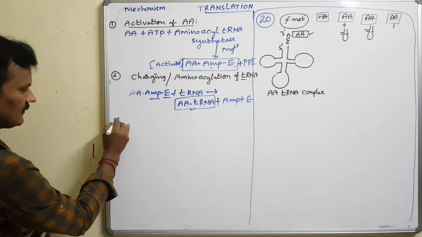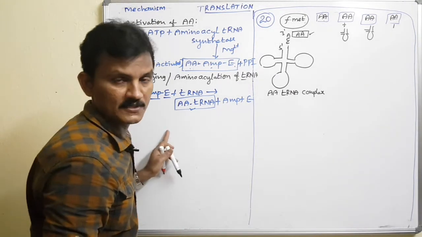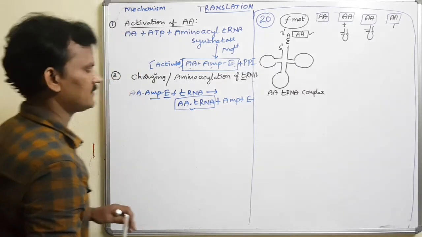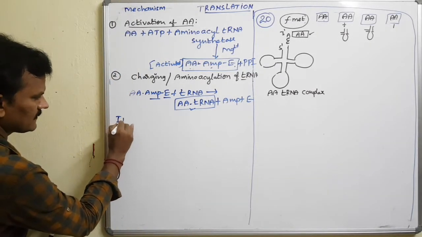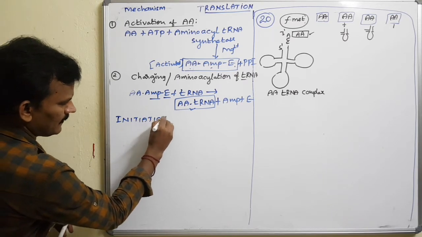Now, the process of translation is completed in three steps: initiation, elongation, and termination. First, initiation.